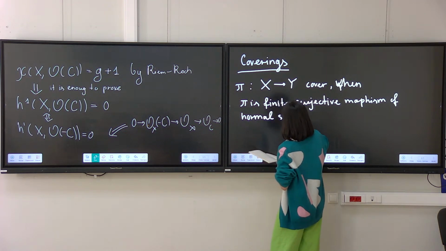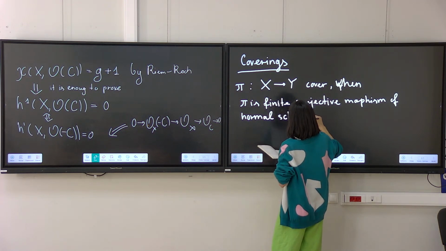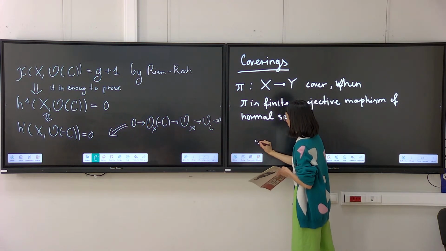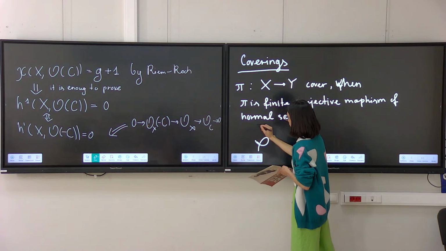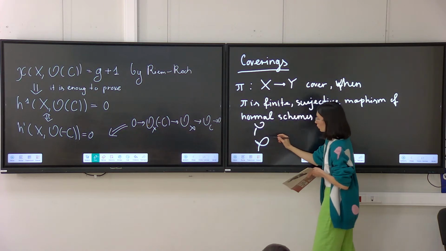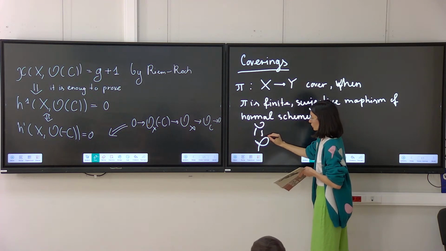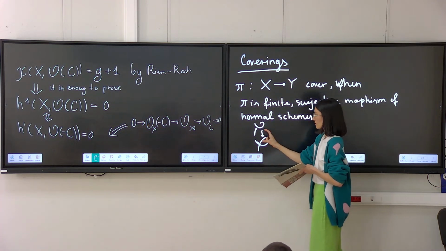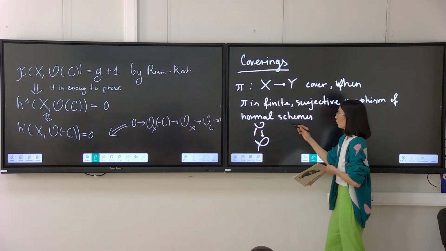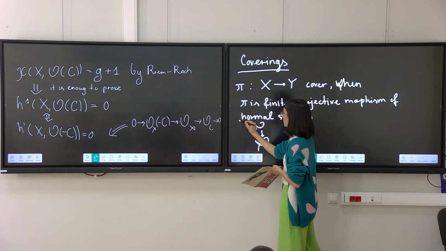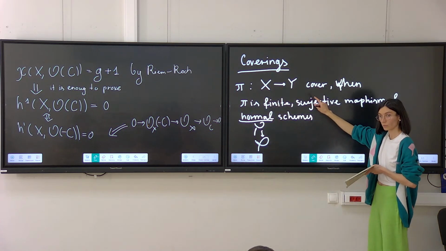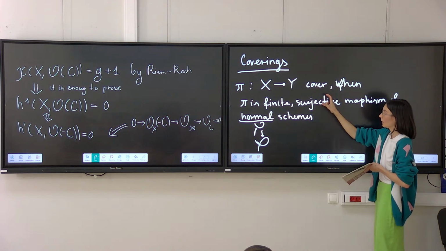Why normal? Because, for example, when we take the normalization of a nodal curve, you know this geometric picture, right? For us, this normalization is not a cover. So here is why we ask these two schemes to be normal.